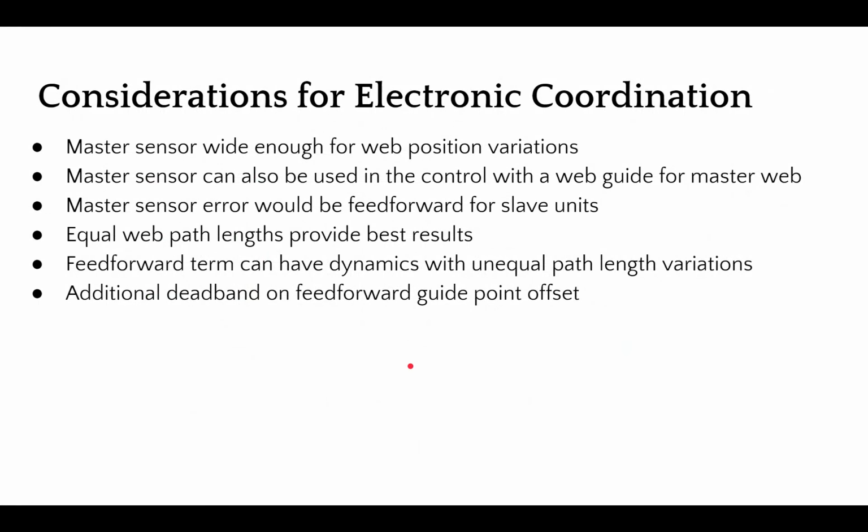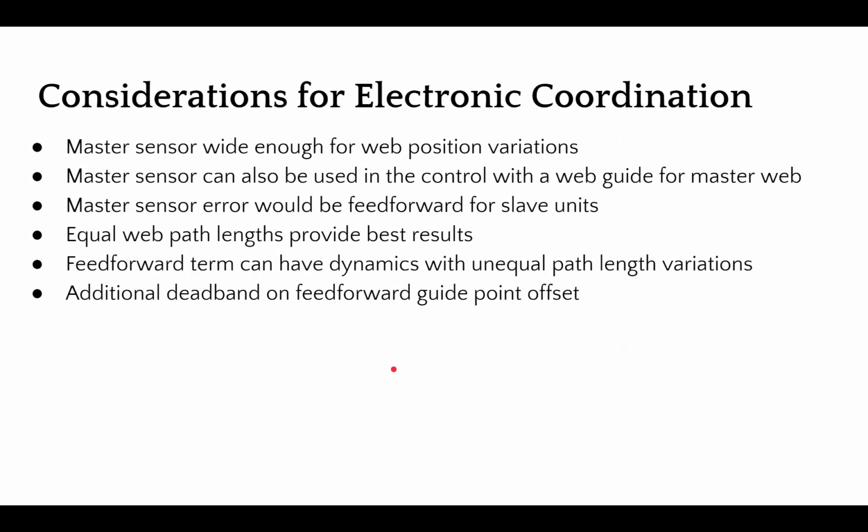Now, what are some of the considerations for electronic coordination? First and foremost, we want to make sure that we can see all of the web position variations seen at the master sensor. That means that you need to have a sensor wide enough to be able to see that. It really depends upon the application and whether that web is guided or not.